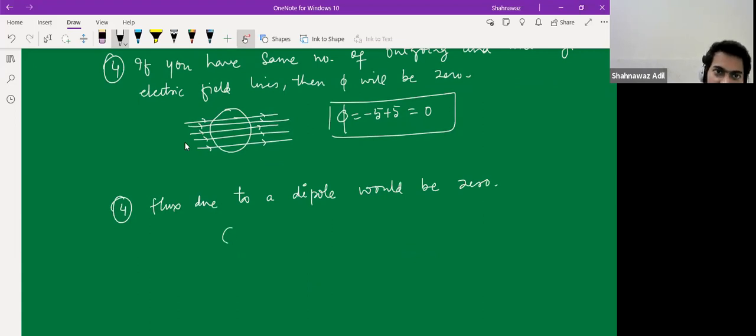Let's say you have a surface, and the dipole is this. So this is plus Q, then this is minus Q. So the flux would be Q by epsilon naught minus Q by epsilon naught. Total charge is how much? Q minus Q. Right? Q enclosed is Q minus Q. So this would be 0.